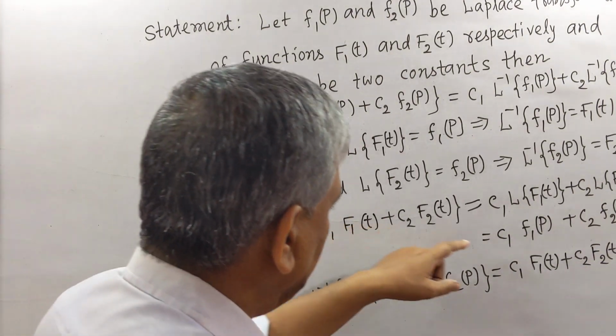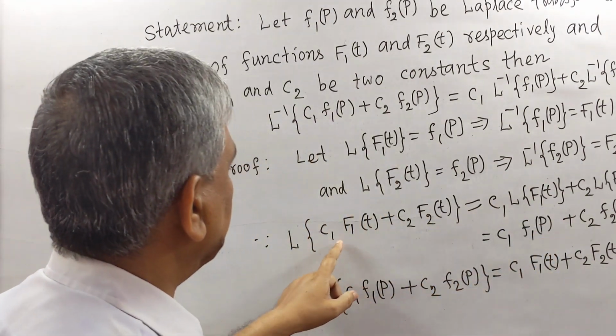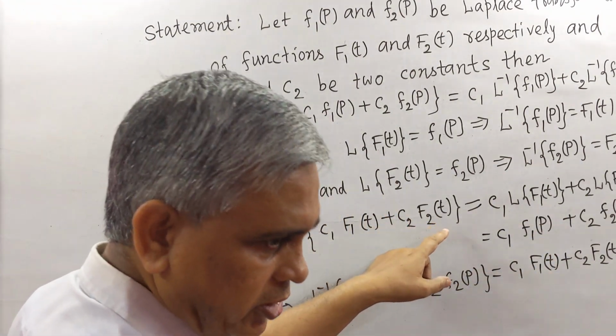We use L inverse of this equal to C1 F1(t) + C2 F2(t).